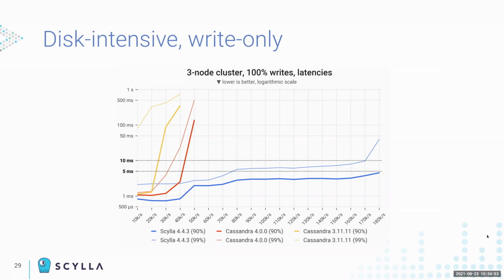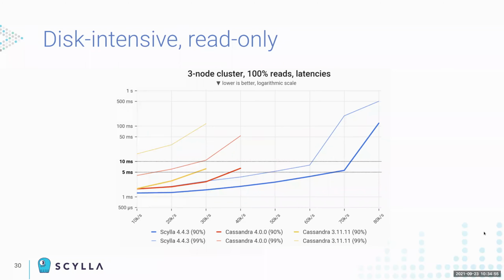Can we go to the next slide? So, in the 100% read workload, the throughput difference is much lower. Scylla only has about 2 times the maximum throughput of Cassandra 4. However, if your workload requires really low latencies, then the difference becomes a bit higher.